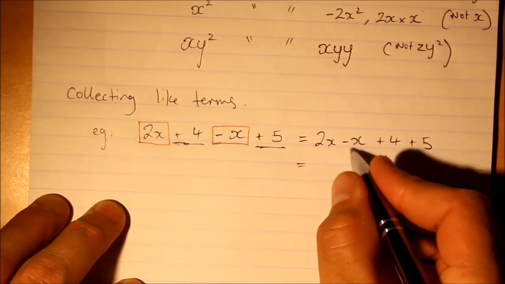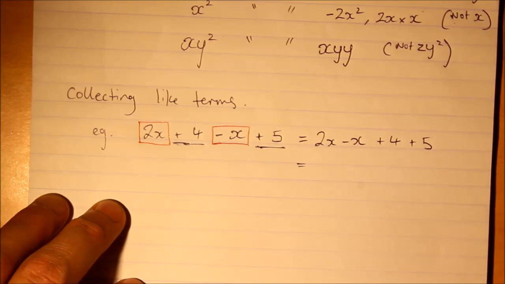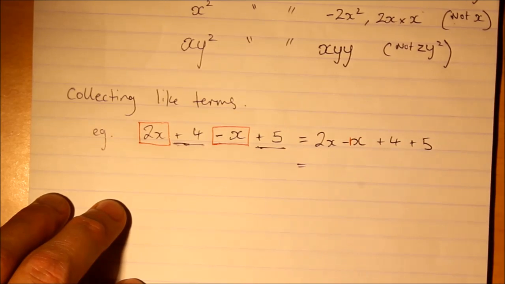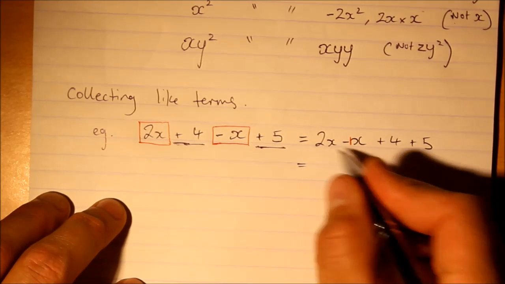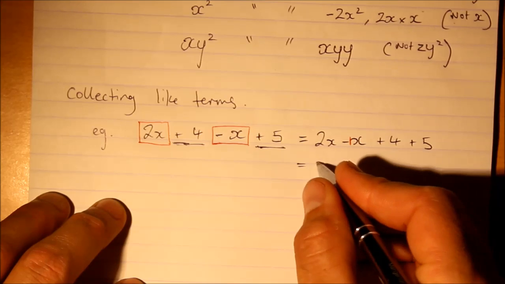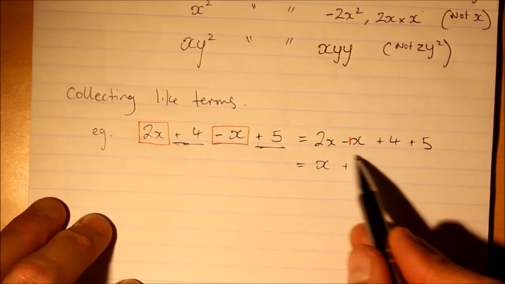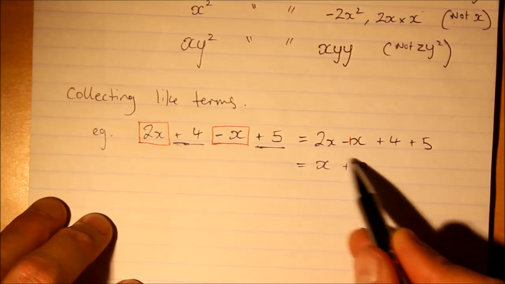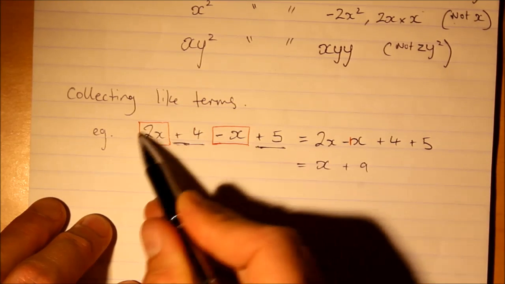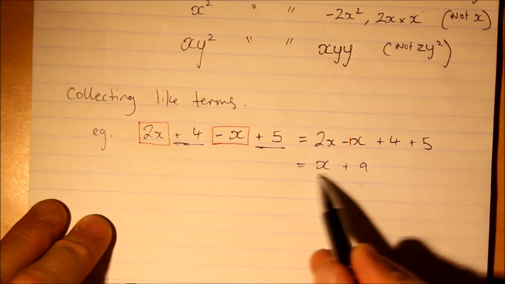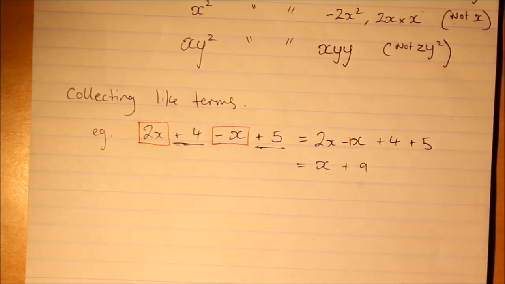We're left with, that's a 1, remember? I'll just write it in because we don't want to forget. 2x minus 1x is x plus 9. So this expression here is equivalent to this expression here. This is obviously a lot simpler way of writing it.